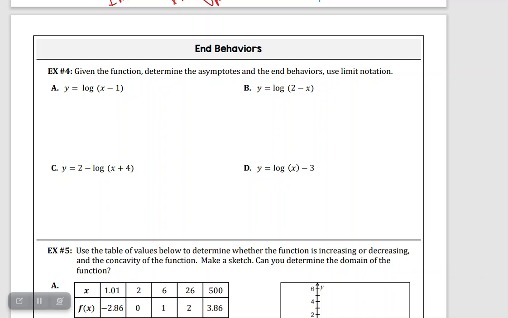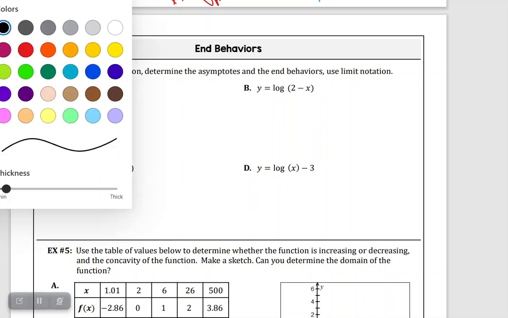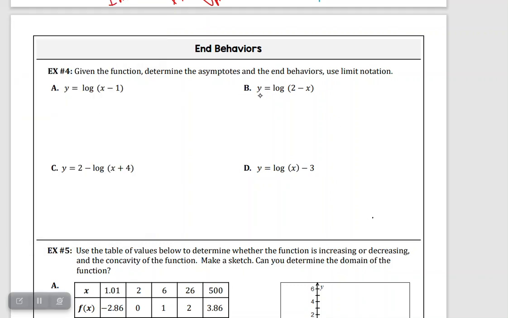So what I highly suggest when you do something like this, and I'm going to do B, A is a little bit simpler, but when we do B, and I rearrange it like this, we can see a couple of things.